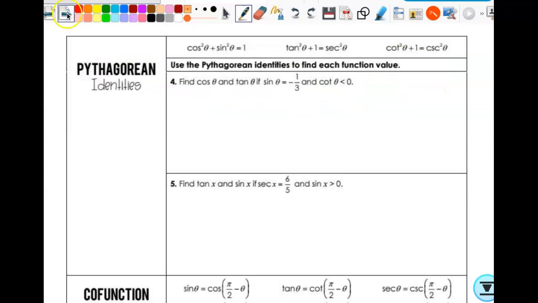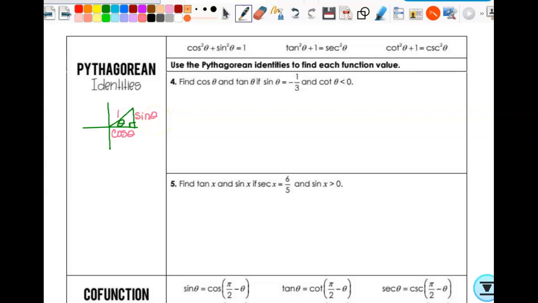So let's look at our Pythagorean identities. They're called Pythagorean identities because they come from the Pythagorean theorem. If I have a triangle on the unit circle, then the radius is 1, my x value is cosine theta, and my y value is sine theta.